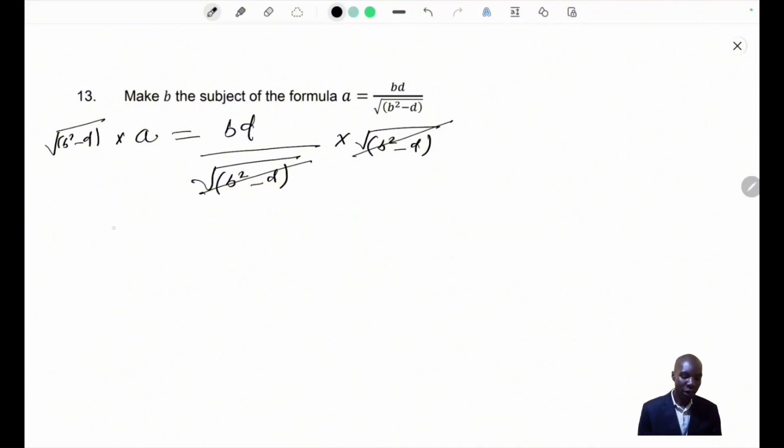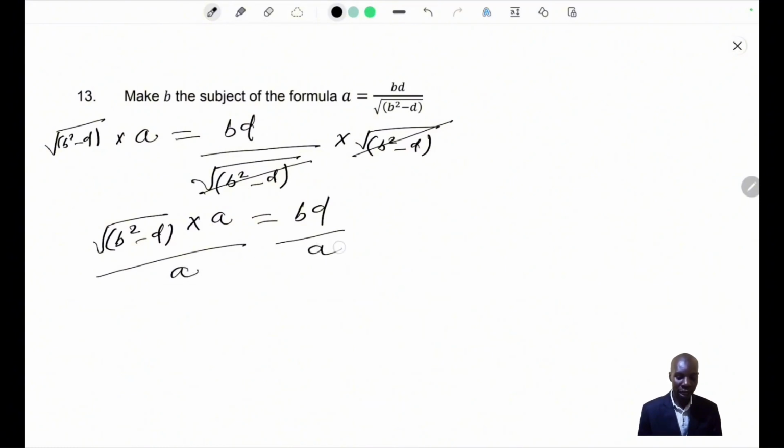So we have now root of b squared minus d, if I multiply it by a, I should get bd. If I divide both sides by a, then a cancels out. So I'll have root of b squared minus d should give me bd over a.